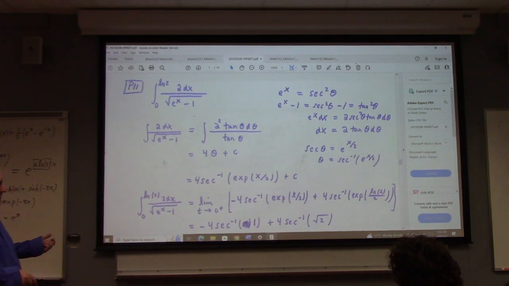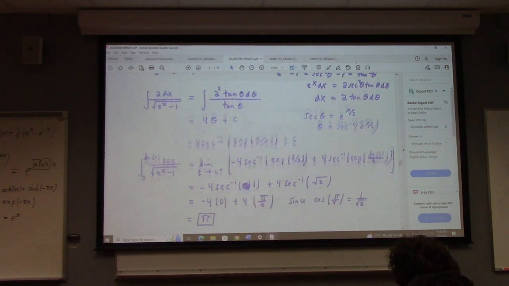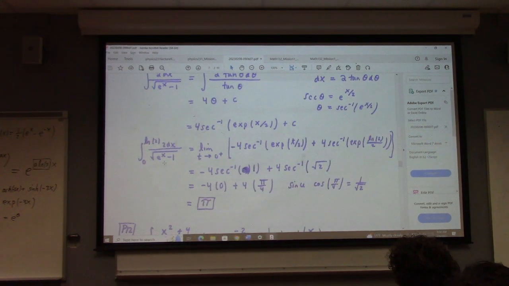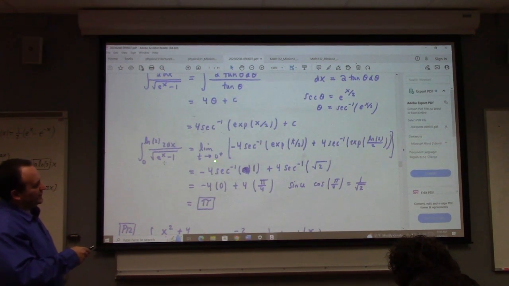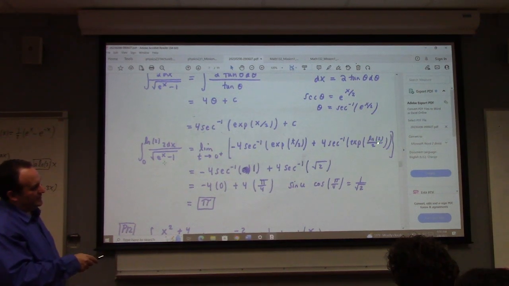Anyway, when I sort through that limit, inverse secant of 1 is 0, I think. And see, what I'm doing here is, as t goes to 0 from the right, this goes to exponential of 0, which is 1. So that's that limit. The limit takes place right here. That's it. It's not especially exciting. The exponential of the log of 2 over 2, that's the exponential of the log of 2 to the 1/2 power, which is square root of 2.